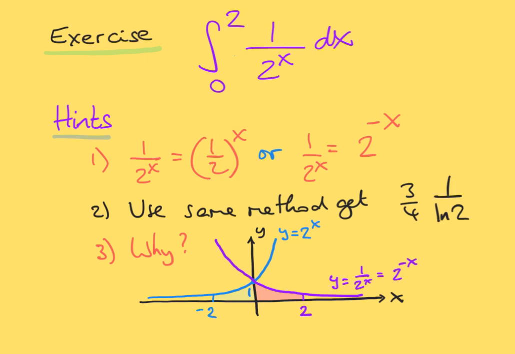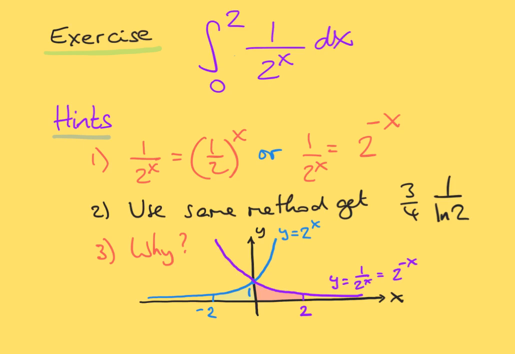You could do that in various ways, but it's 2 to the minus x is the easiest way to write it. You then use exactly the same method as before. You're careful with minus signs, and you will again get 3/4 times 1 over log 2.